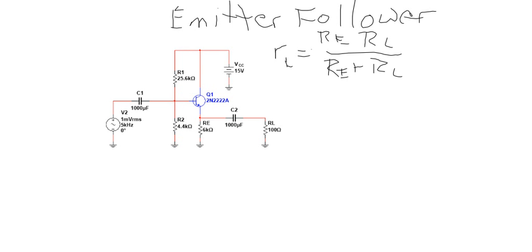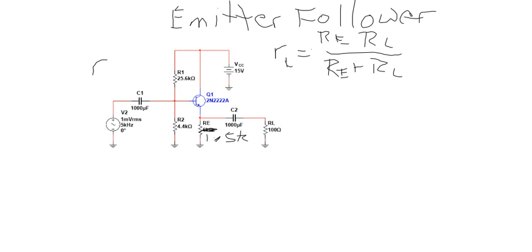Now notice I haven't changed my base bias circuit or my emitter resistor. Well, I guess I did change the emitter resistor. I meant to leave it the same. Let's make it the same for this argument as it was in the other one. It was 1.5K. So it's still going to give me the same emitter current and the same little RE prime. So I'm going to write that over here.